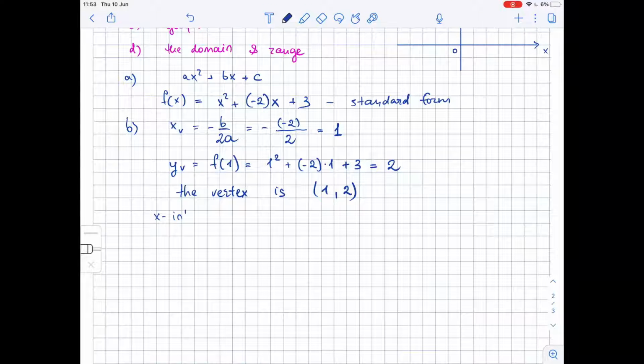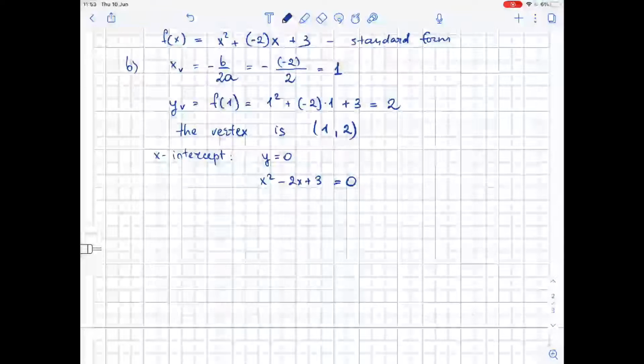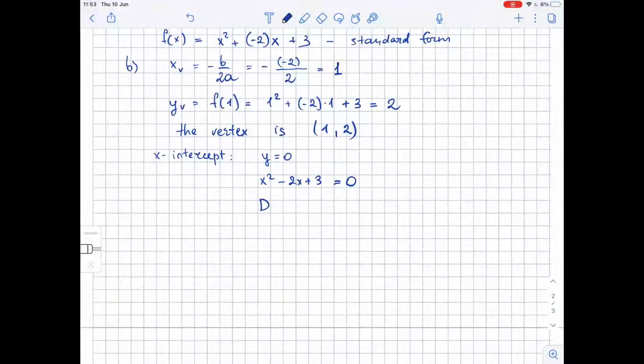Well, now let's look at x-intercept and y-intercept. Let's start by finding the x-intercept. So to find the x-intercept, we need to let y be 0. So y is 0. That means that x squared minus 2x plus 3 equals 0. Now let's try to find the discriminant.